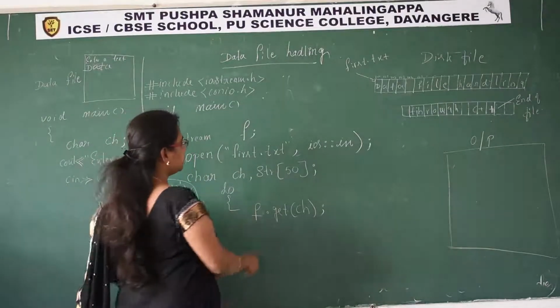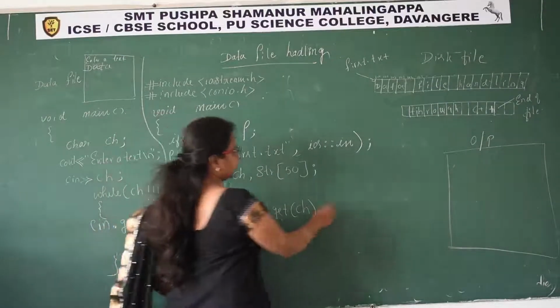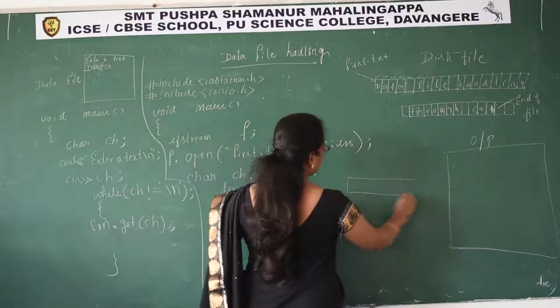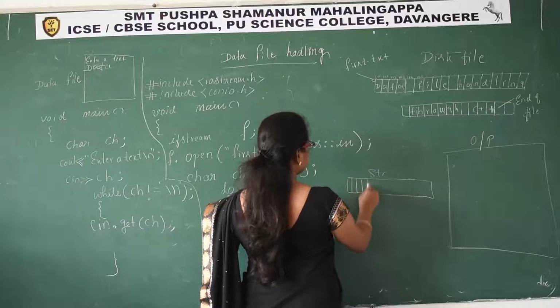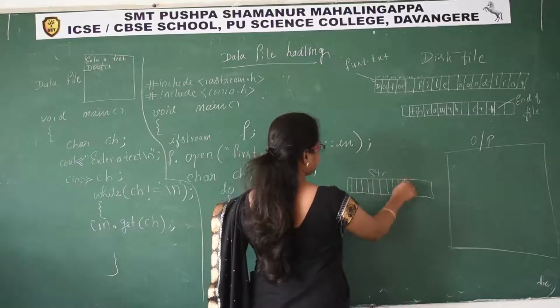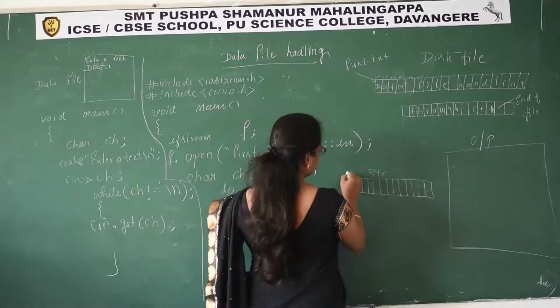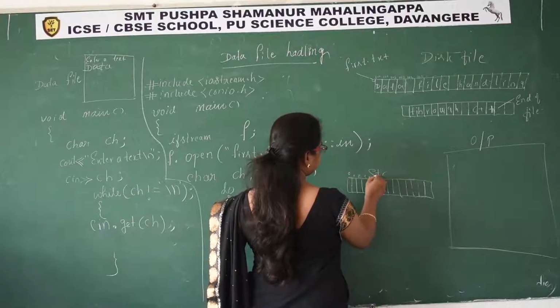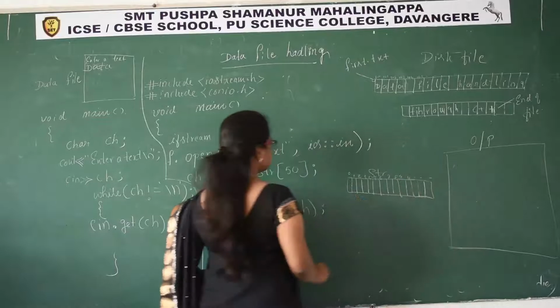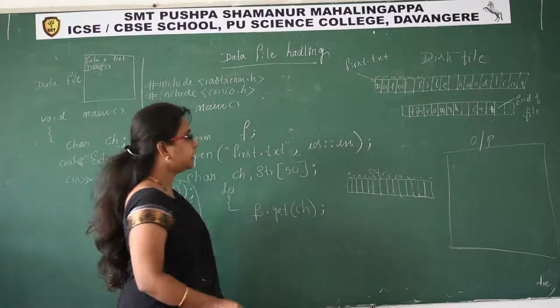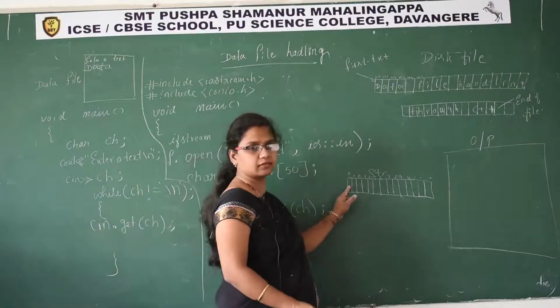So str is an array, isn't it? In RAM there is an array, its name is str. So it occupies 50 bytes here: 0, 1, 2, 3, 4, 5, 6, 7, 8, 9, 10, like that. Now D has to be stored in this array.